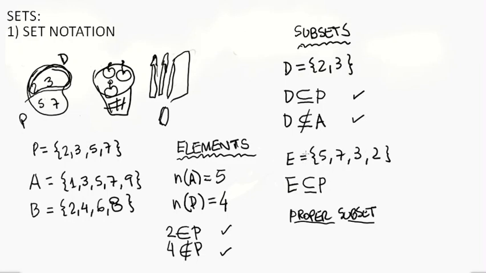There's no element in set P that is not in set E. If I had a set F, with 5 and 7, then F would be a proper subset of P. That means all elements of F are in P, but they are not the same. That's what we call a proper subset.